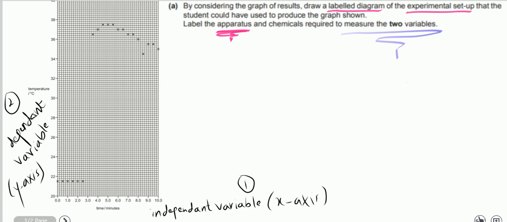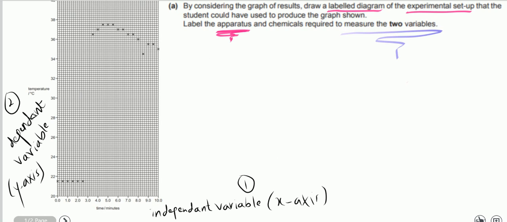Basically, as the independent variable on the x-axis changes, the dependent variable on the y-axis is going to change as well. So the variable on the y-axis is dependent on the variable on the x-axis, and a change in the variable on the x-axis is going to result in a change of the variable along the y-axis.